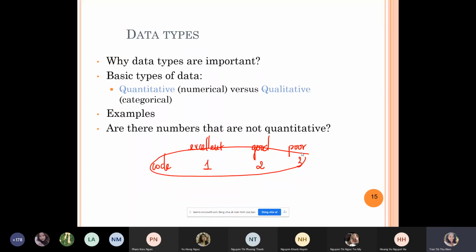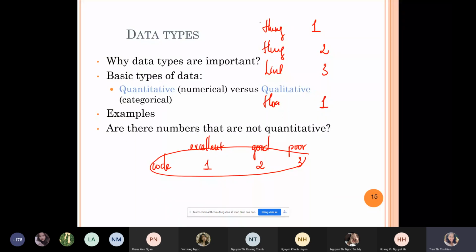Okay, so for the example here, when the customer provides a rating for the quality of service, we have three options: excellent, good, and poor. But it is very hard and takes a lot of time to write excellent, good, or poor. So in my collection, for example, Hương says one, Hùng says two, Linh says three, Hoa says one.